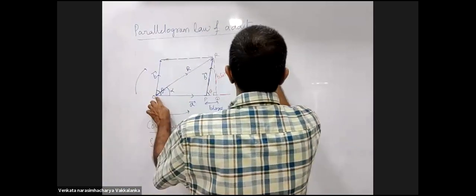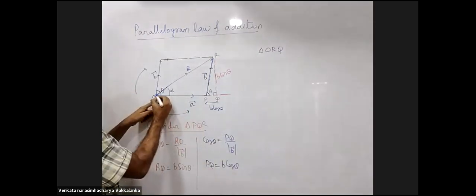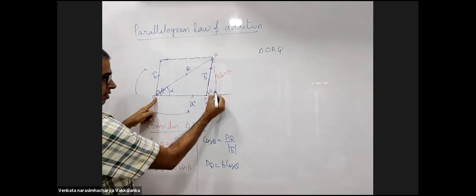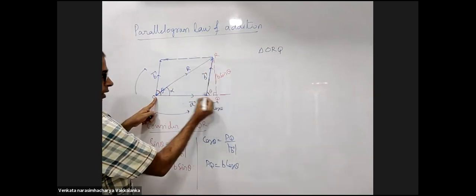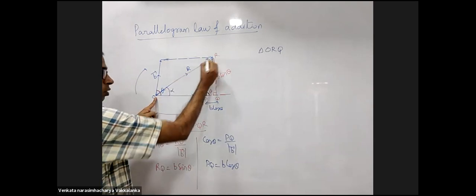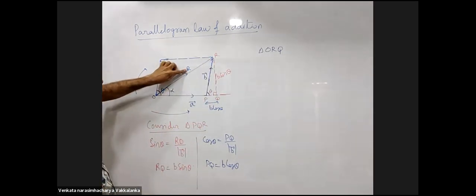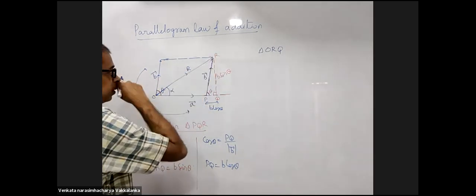Now, simple thing. Consider the triangle ORQ. This is a right angle triangle, and I am in need of this length OR. I'm using the symbol R two times here.